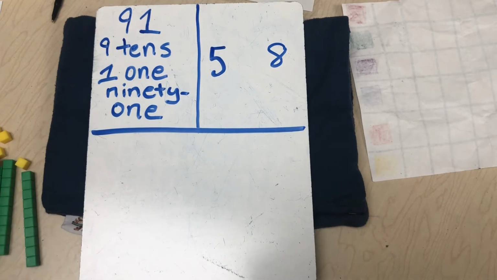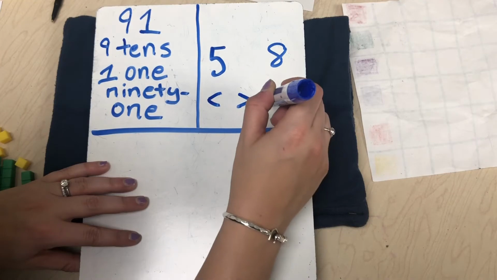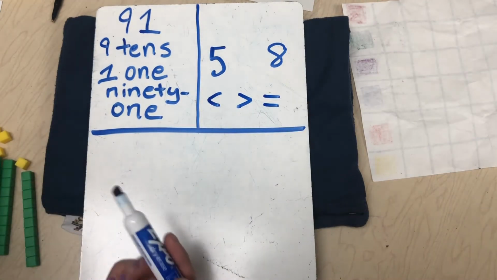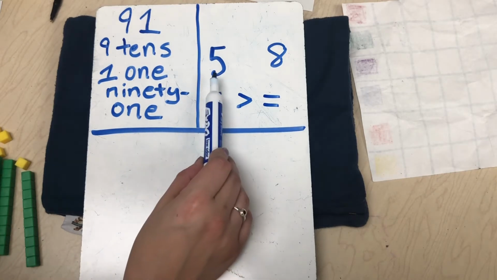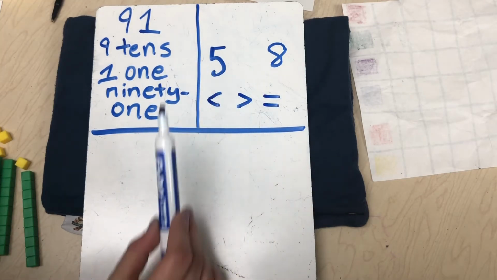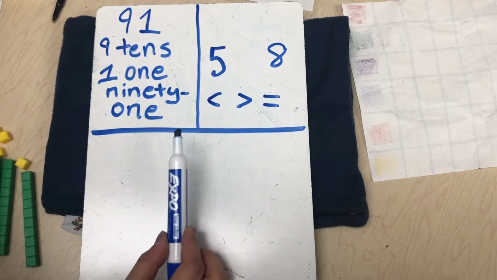Okay, so we've got less than, greater than, or equal to for our options here. So we're trying to determine, is 5 greater than 8 or less than 8? Let's think about that. Is 5 greater than 8 or less than 8?